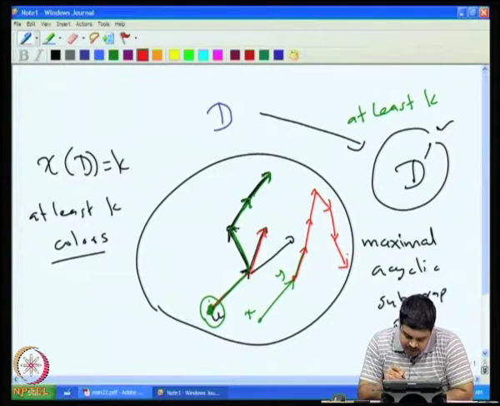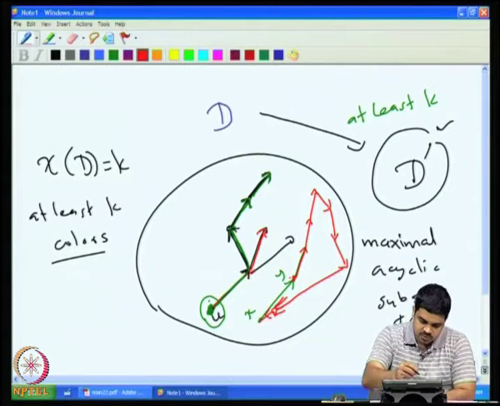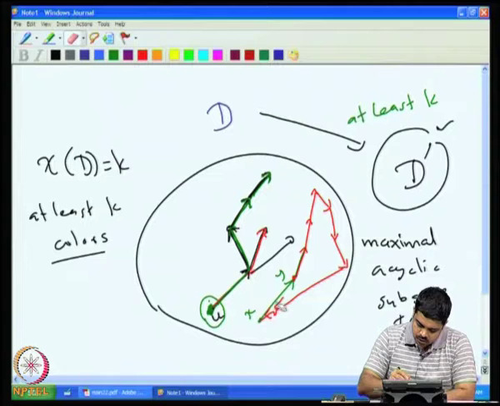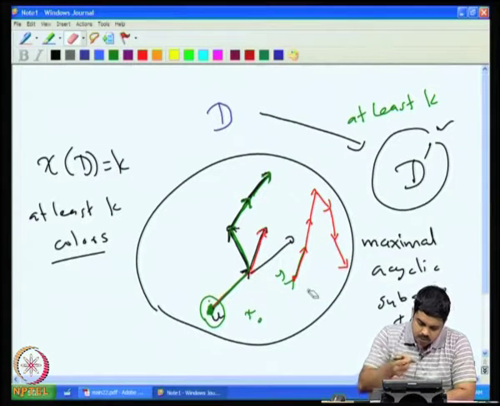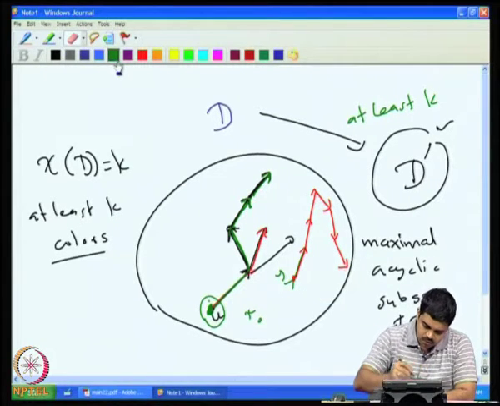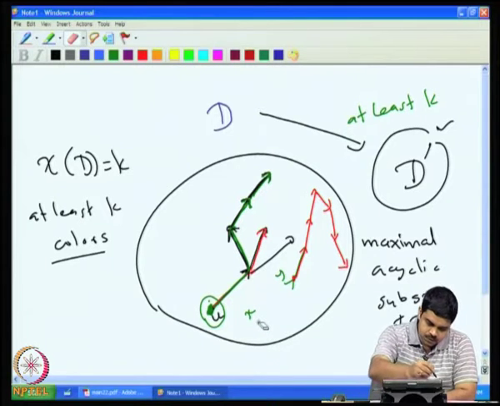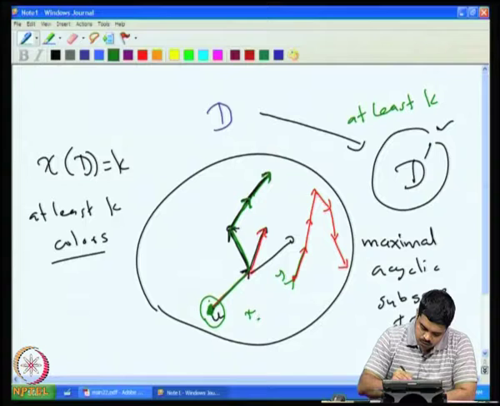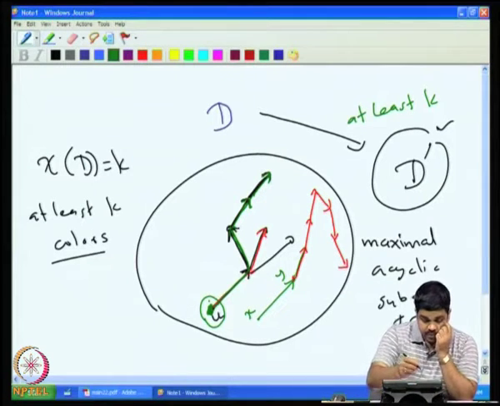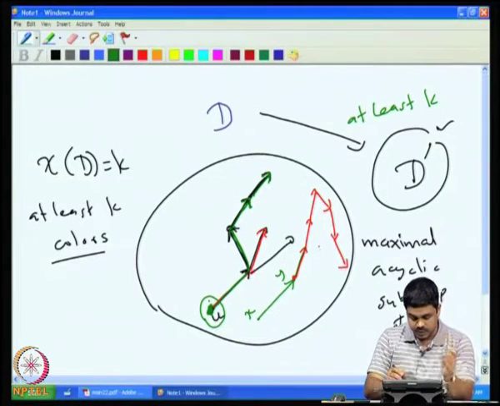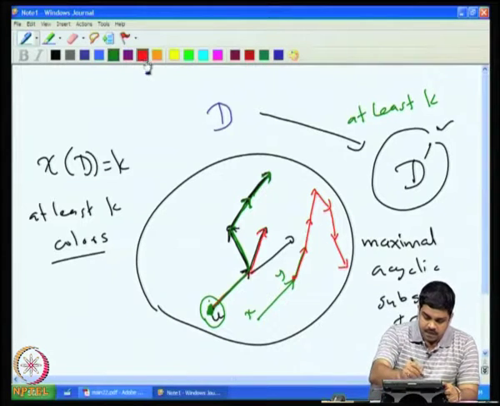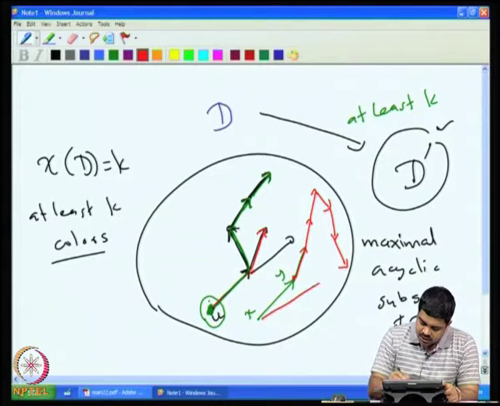Is it possible that this longest path going out of y will come back and hit x once again?